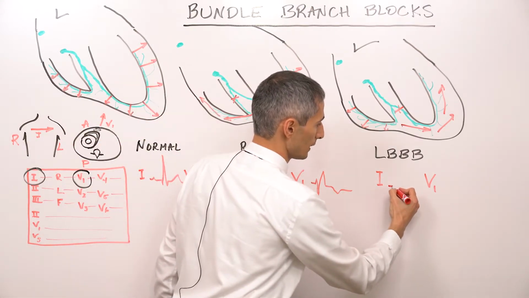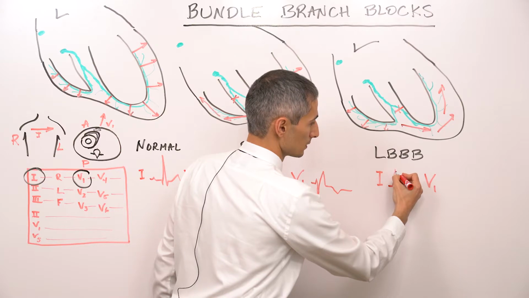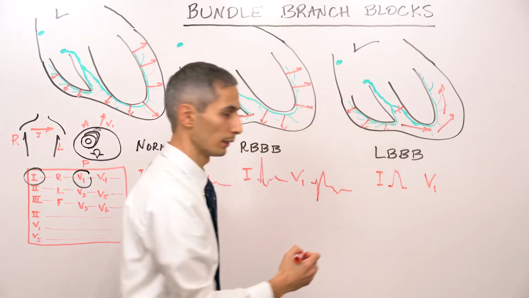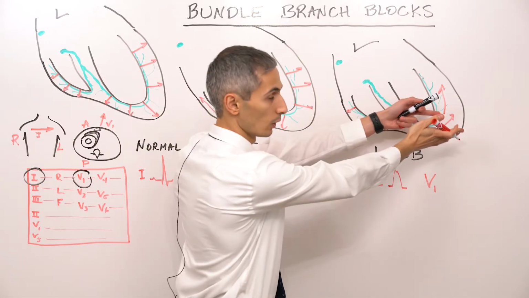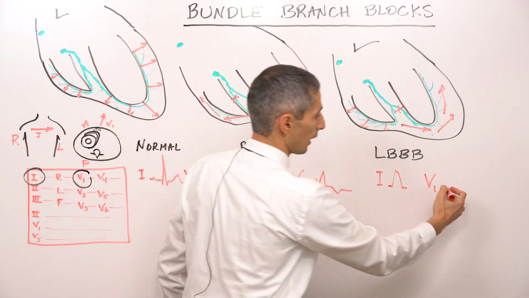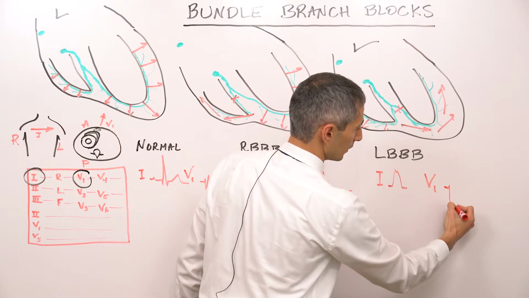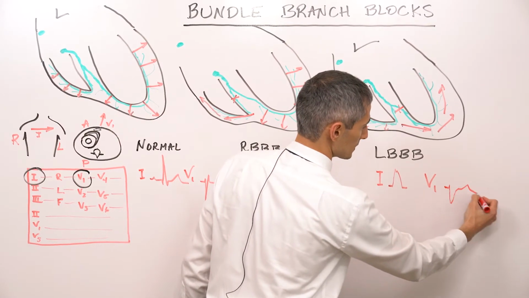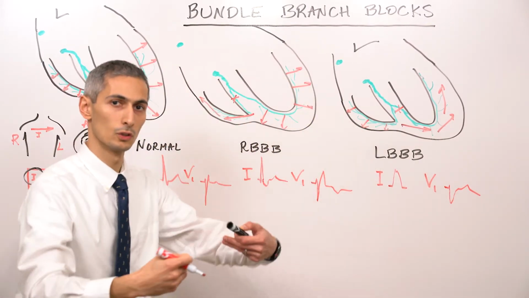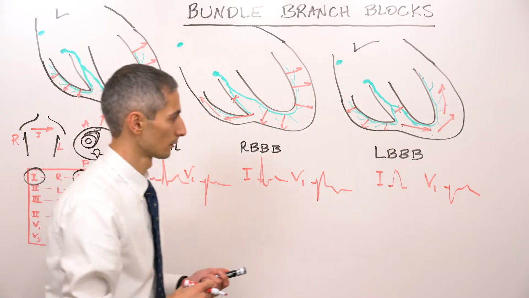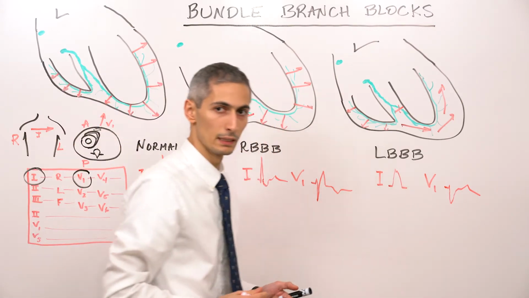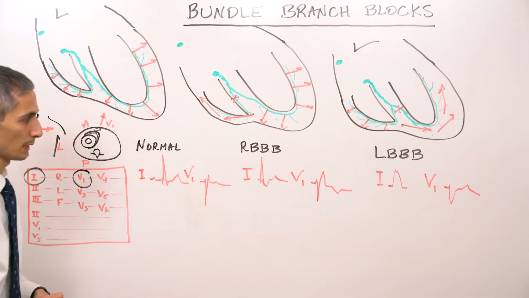So in lead 1, you end up just getting a big, wide, ugly complex that is positive, going to the left. And in V1, you get a big, wide, ugly complex that is negative, meaning going into the chest. Sometimes you'll have these bunny ears, the RSR, and sometimes you won't.